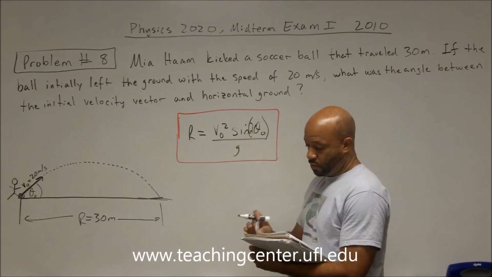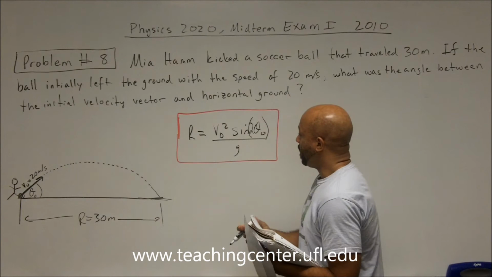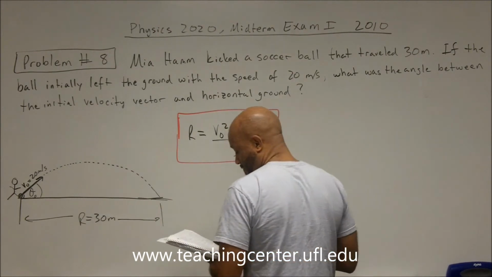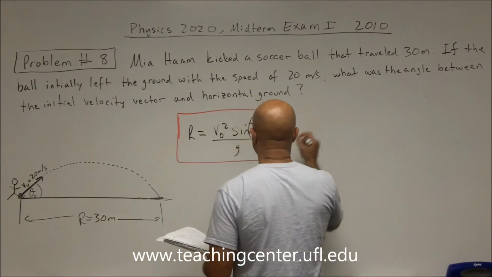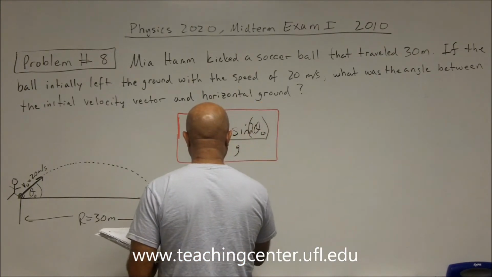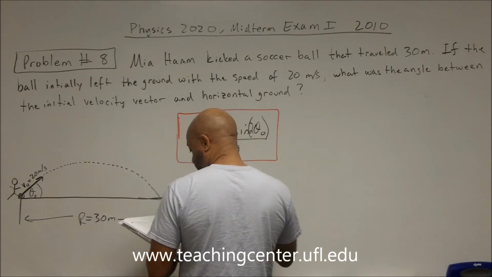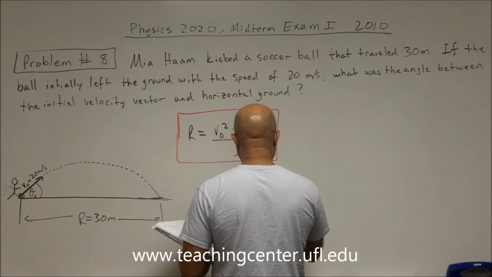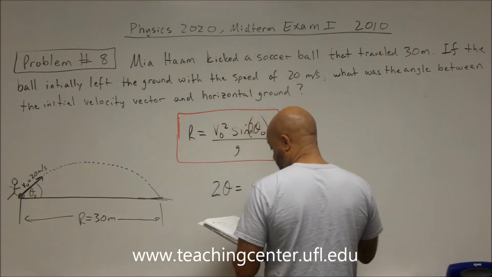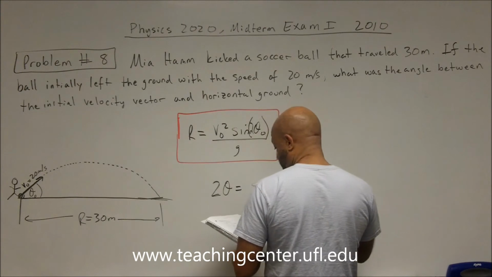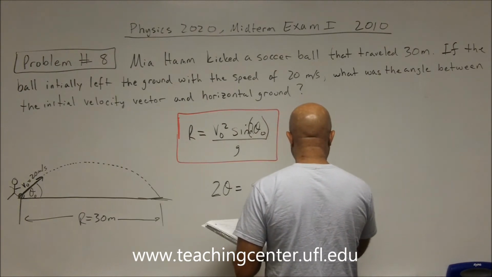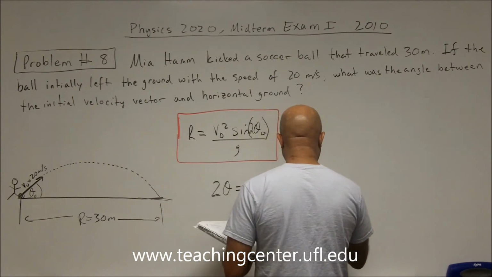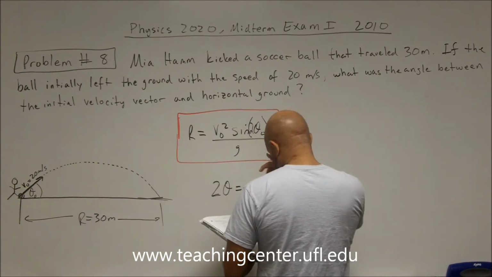And so we can algebraically manipulate this equation so that we get 2 theta is equal to the sine inverse of g multiplied by R divided by v sub 0 squared.